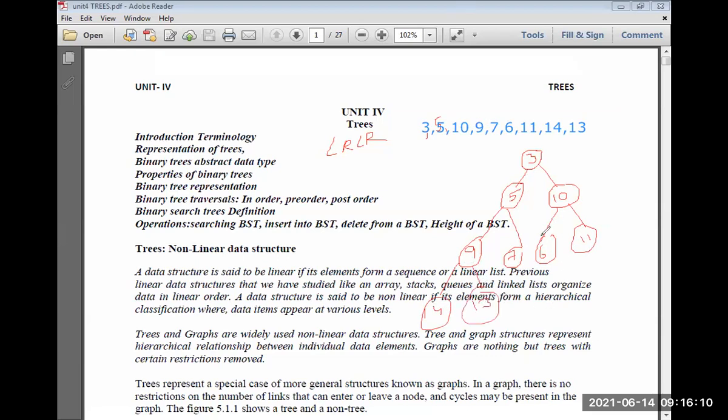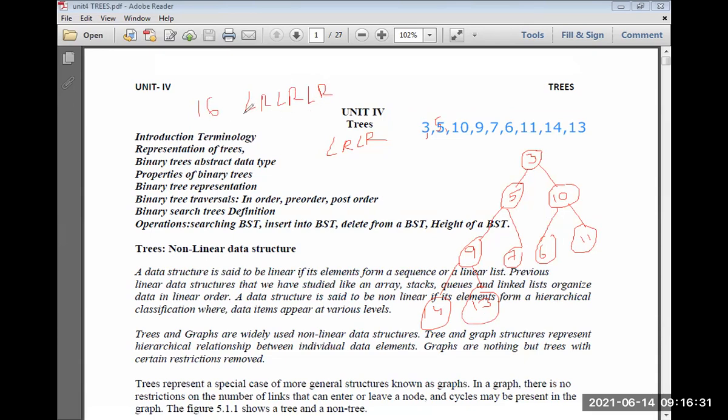Okay, so after constructing the binary tree, if you want to insert another element, that is 16, you follow directions. That is where you have to insert this one. For example, I am given here LR, LR, and LR. Okay, so after right, you can insert.